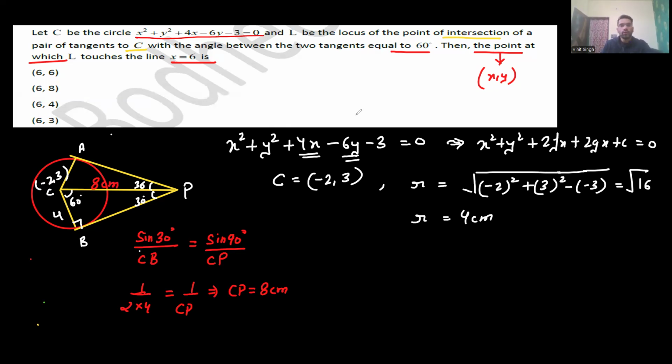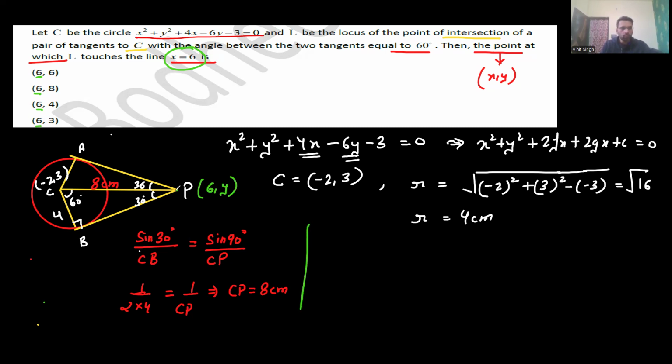Now, we have to find the locus of the point where x is equal to 6. In the options, all the options are given, the x-coordinate is 6. So we have to find the coordinate of P, which is 6 and y. So the first coordinate will be 6 and the second one we have to find.